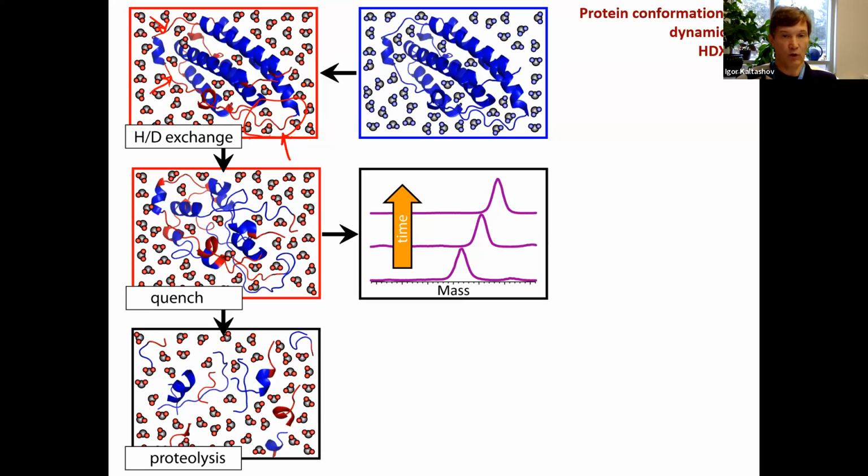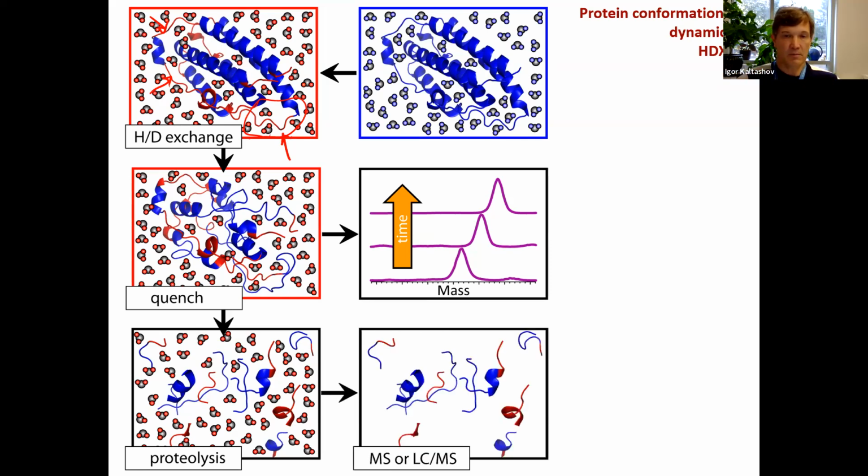digest your protein. Fortunately, there is an enzyme called pepsin. This is something that we use in our stomachs to process food, right? The stomach, as I mentioned before, has a very acidic environment. Pepsin is one of the very few enzymes that remains active under acidic conditions. So you use that to break your protein proteolytically into small pieces.